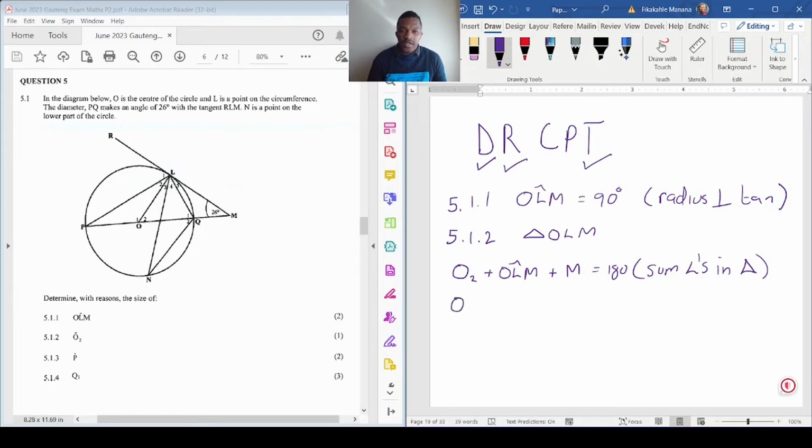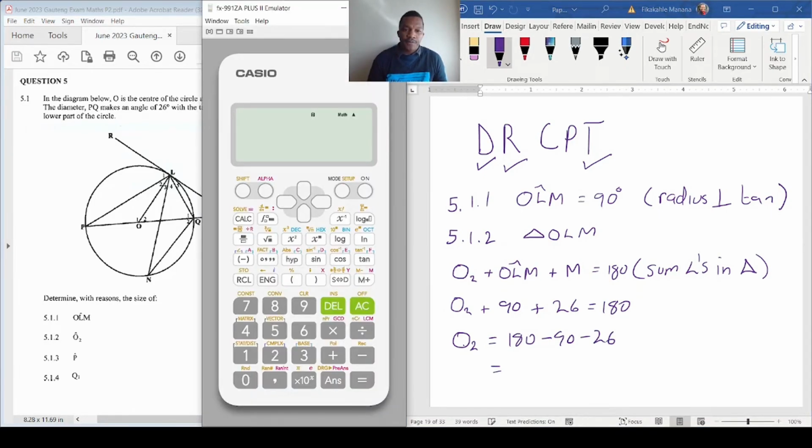Okay, so I can then go ahead and put numbers. OLM, I've solved it to be 90, plus M is given to be 26. That all equals 180. So O2 will be equal to 180 minus 90 minus 26, which, let's bring out the calculator, 180 minus 90 minus 26.